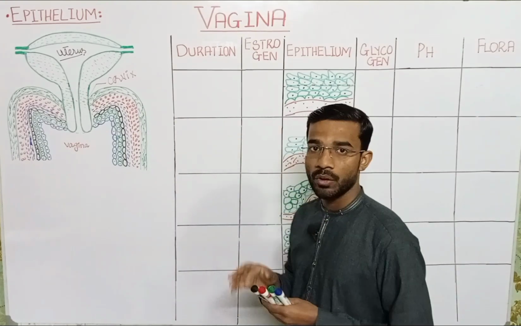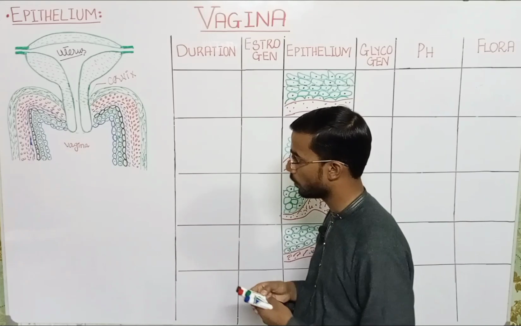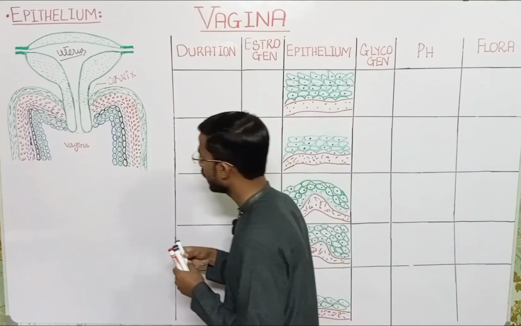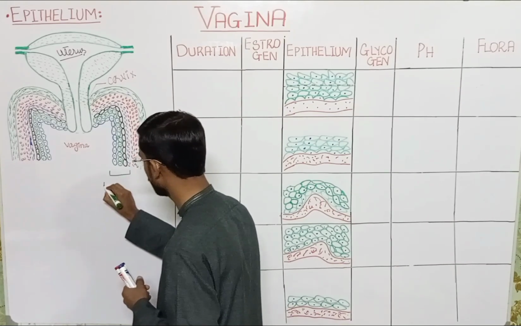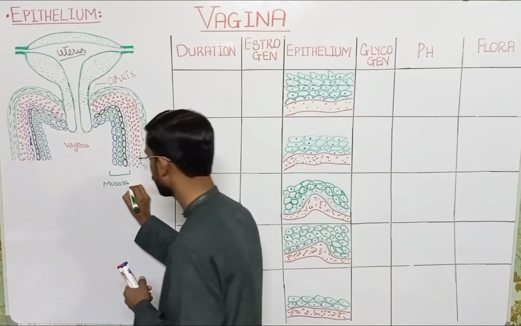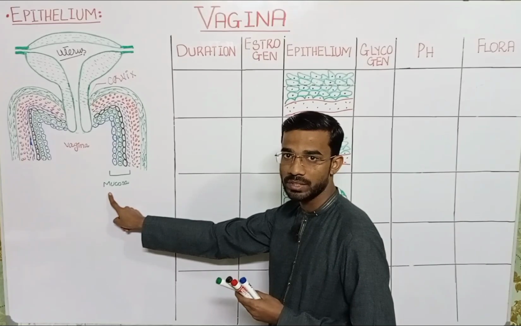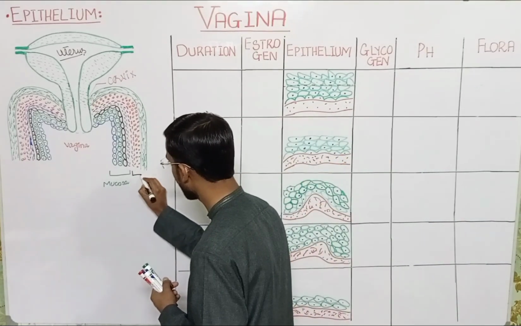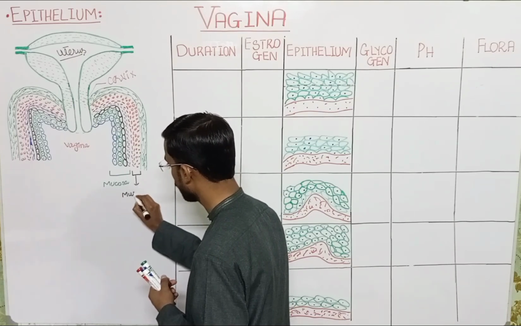So there are three layers which are present in the vagina. Here you see the first portion is for the mucosa. This is the first innermost layer of the vagina. The next portion is for the muscularis.